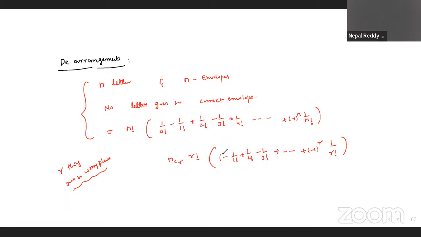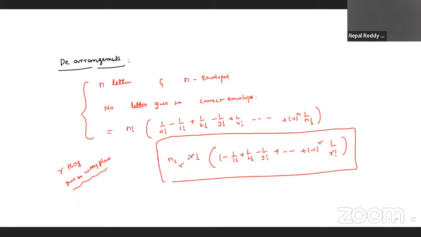If R things go to wrong places out of n things, then n minus R things go to their original places. So here it is nCr or nC(n minus R), both are the same. nCr is the same as nC(n minus R). This is the formula for derangements.